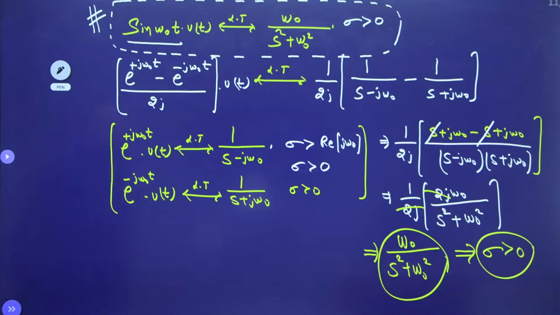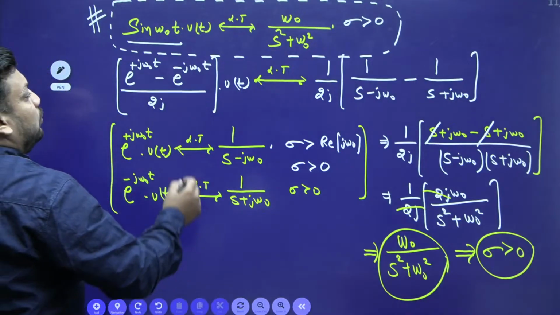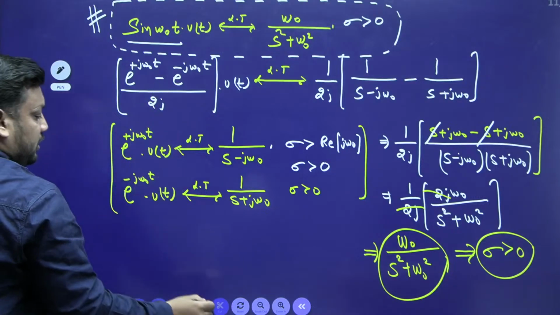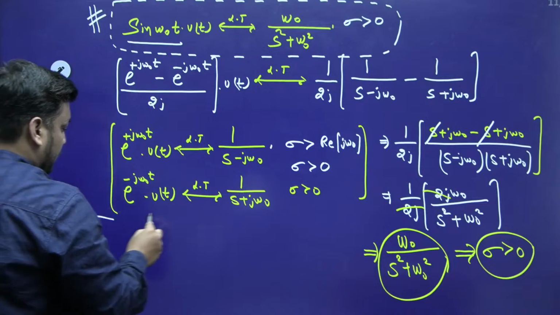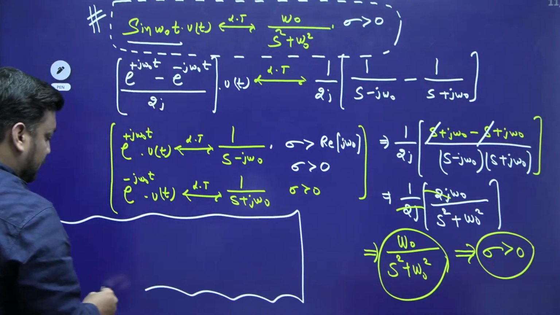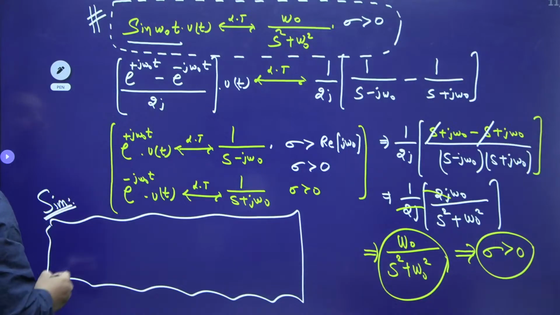Similarly, students, can I write for cos also? In cos, only the sign between the terms is plus and there is no j. So if I want to save my time, can I write similarly for cos? Yes, sir.